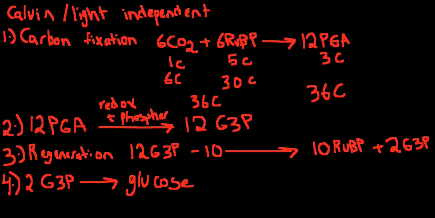So basically, the whole purpose of the Calvin cycle is to fix carbon into glucose. And now, since we have talked about every step of the Calvin cycle, it is important to give you some tips and tricks, some of the math that goes with it. So at the end, we ended up with 2 G3Ps that made our glucose.